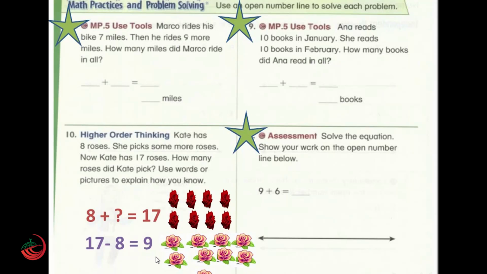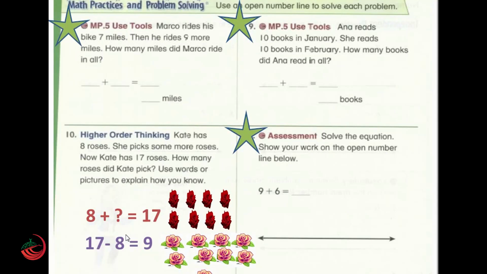So that's correct. That's how we were able to tell the missing number, right? By subtracting. We took the big number and subtracted the number that we already know to find out the number we didn't know.